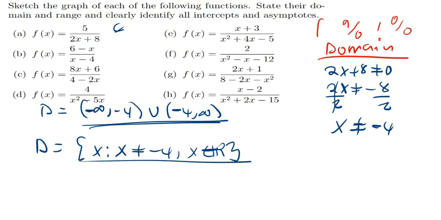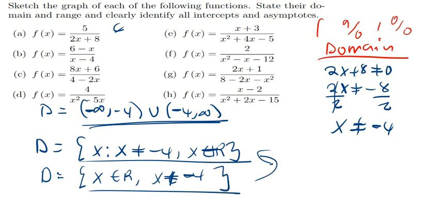In other books, they will tell you to say the domain is x is a member of all real numbers, then they say x is not equal to negative 4. It's basically the same thing. So, ladies and gentlemen, this is how we find the domain of any rational function.